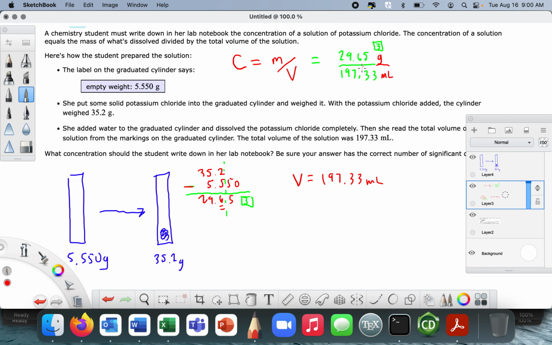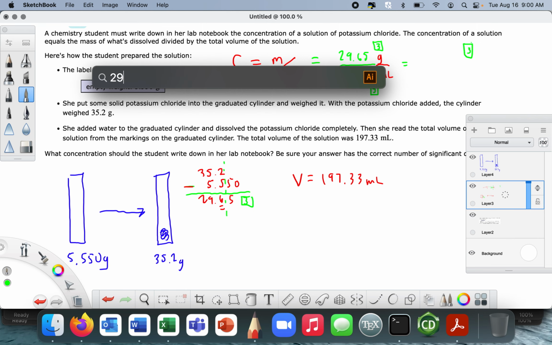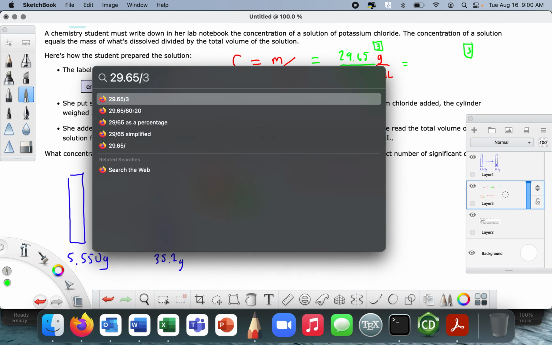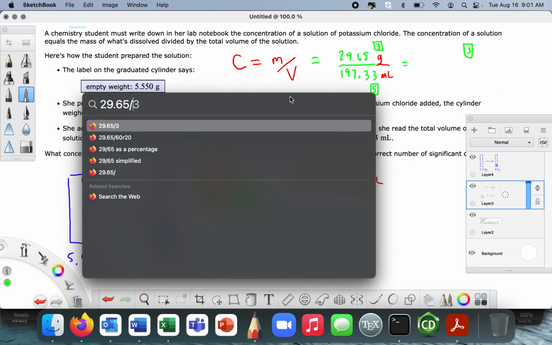And so this is going to be our answer, but this bottom number has 5 sig figs. The top one only has 3. So we have to report our answer to 3 sig figs, right? So we're going to go 29.65 divided by 197.33.